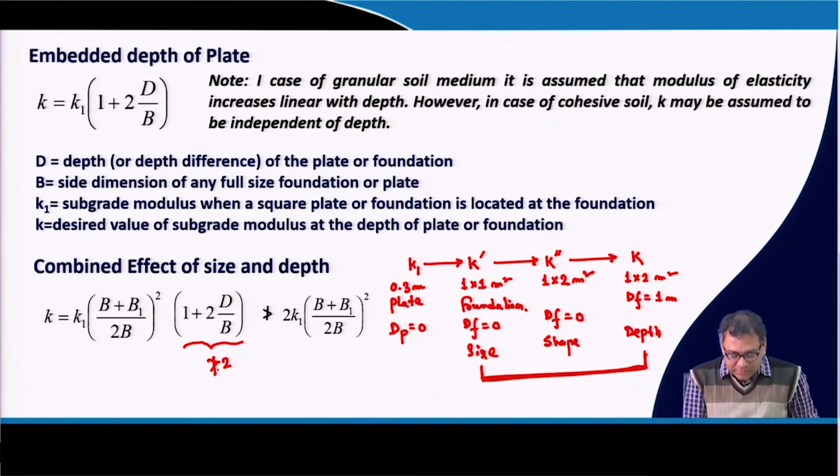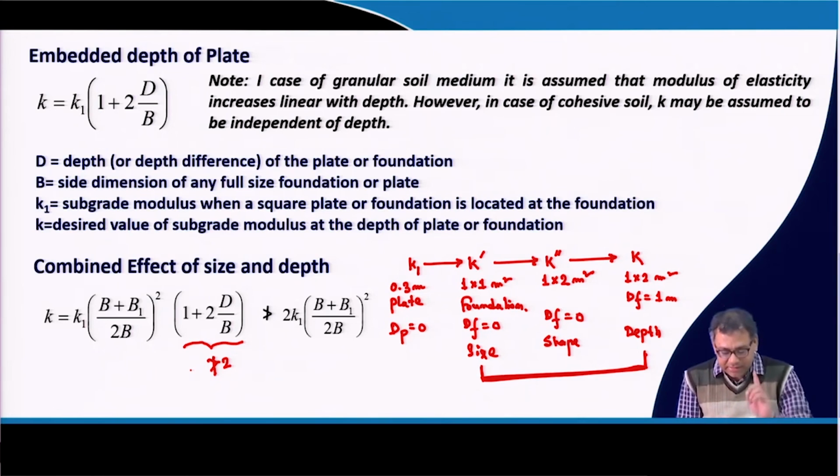If it is greater than 2, you consider 2. So, this second part should not be greater than 2. Once you get this corrected value, that means K corrected with respect to size and depth, remember that the depth correction factor should not be greater than 2.